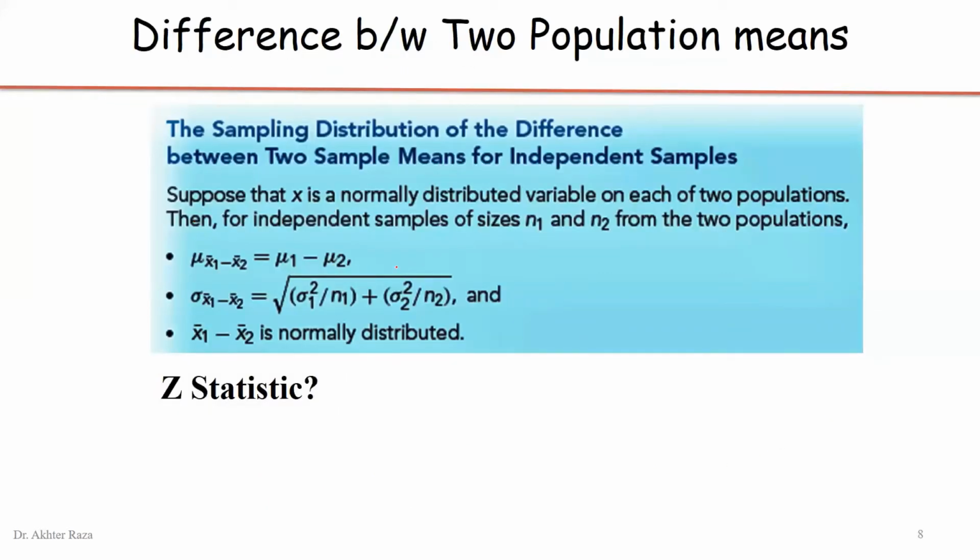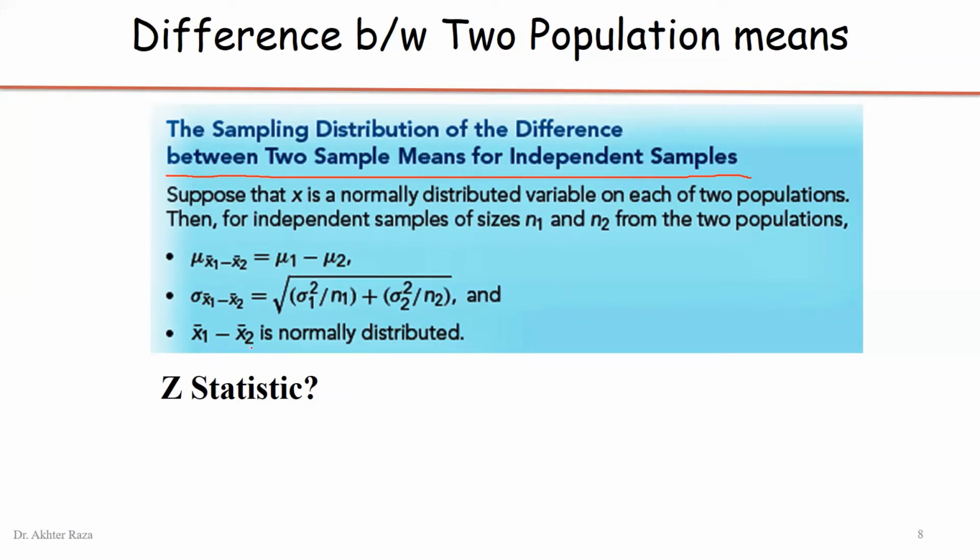In this distribution, the following characteristics hold. What are these characteristics? The variable x1 bar minus x2 bar has the mean mu1 minus mu2, which is the difference of the two population means. Similarly, we have the standard deviation, or the standard error, for x bar 1 minus x bar 2, and you know it is sigma 1 square upon n1 plus sigma 2 square upon n2, and the square root of that.